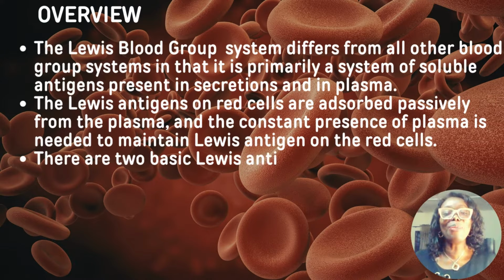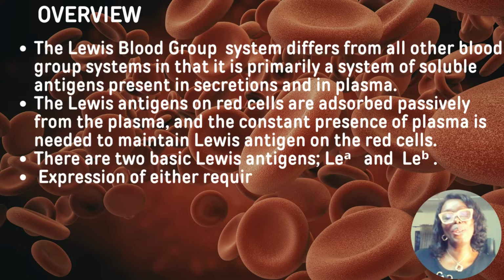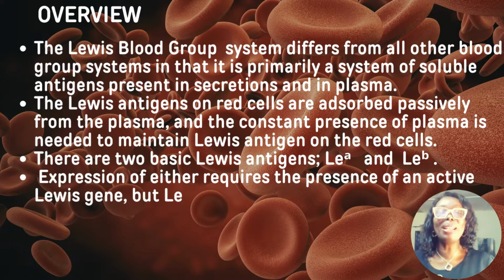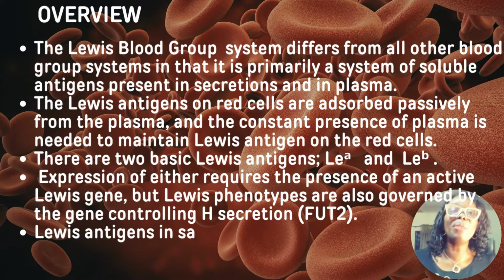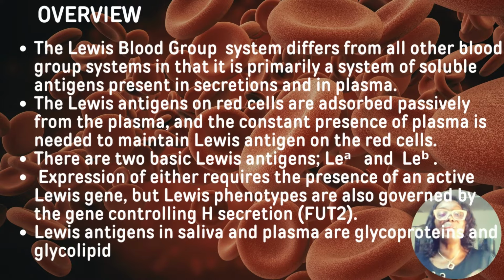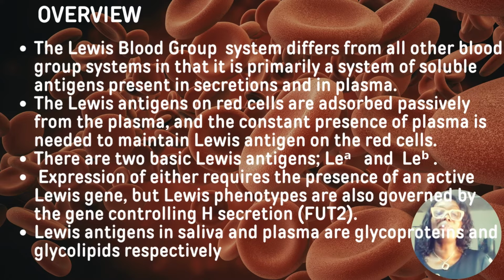We've discussed several blood group systems on this YouTube channel, and you will agree with me that in the majority of these blood group systems, the antigens are primarily found on the surface of the red blood cell, in addition to other tissues and organs, depending on the blood group system concerned, except the ABO that can also be found in body fluid if you are secretors. But in the case of Lewis blood group system, their antigens are primarily found in the fluid. They are primarily found in the secretions and in the plasma.